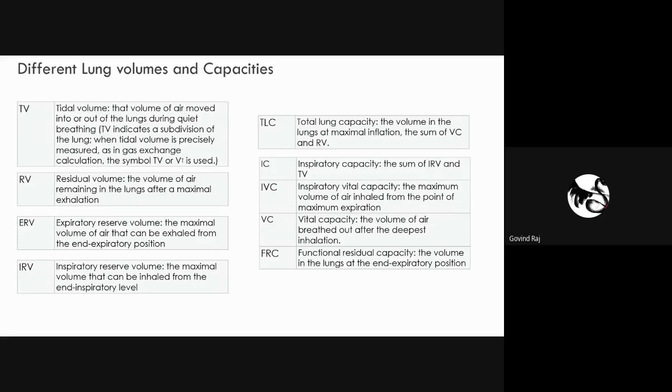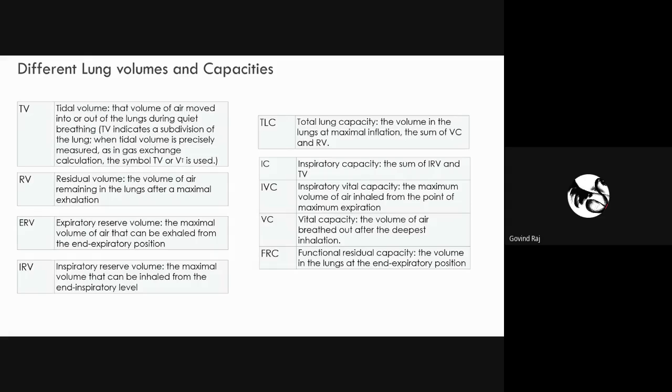So now, what is inspiratory capacity? Inspiratory capacity is the sum of IRV and TV. TV, as we know, is the tidal volume, that is how much air we breathe in with each normal breath. So inspiratory capacity is the IRV plus TV.